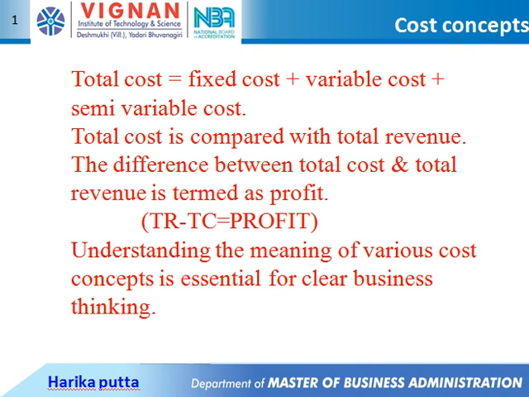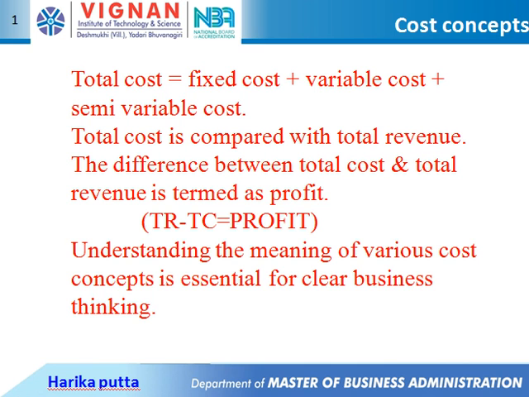So, fixed cost and variable cost. What do you mean by fixed cost? Fixed cost doesn't change with the change in output. Coming to variable cost, it will change. If you increase the output, the cost will increase. If you decrease the output, the cost will decrease. What is semi-variable?